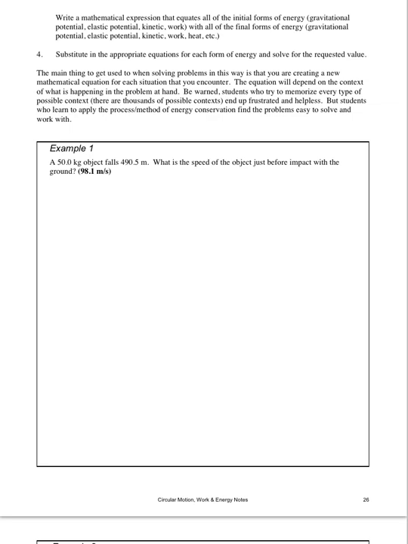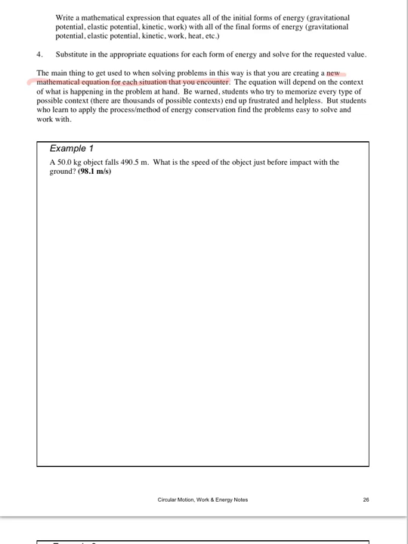So you are creating a new mathematical equation for each situation that you encounter. Do not try to memorize how each of these are set up. They're changed by each different scenario. Understand those first 4 steps and you'll be able to solve any of these problems.